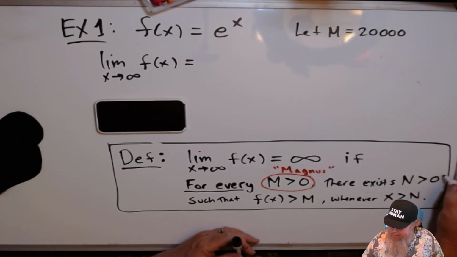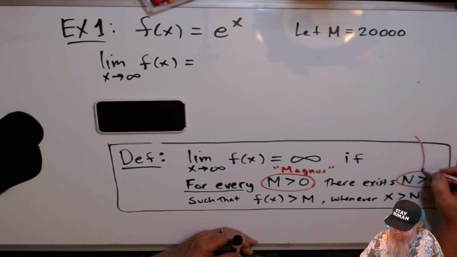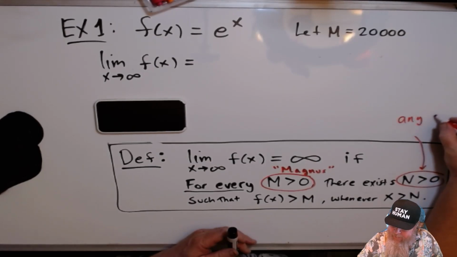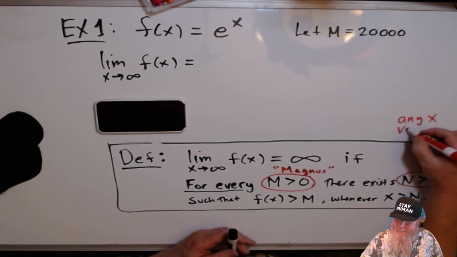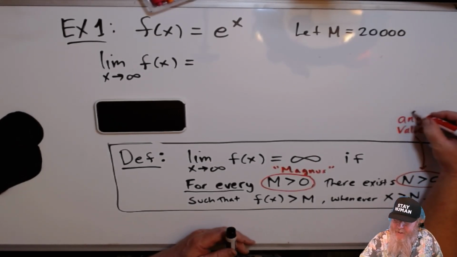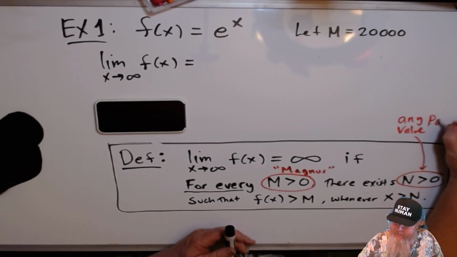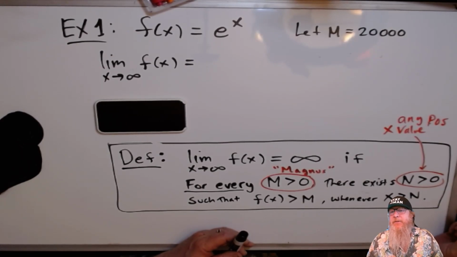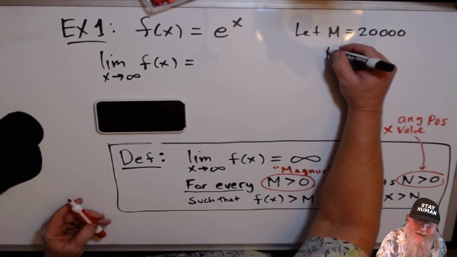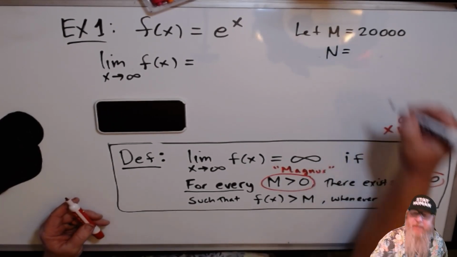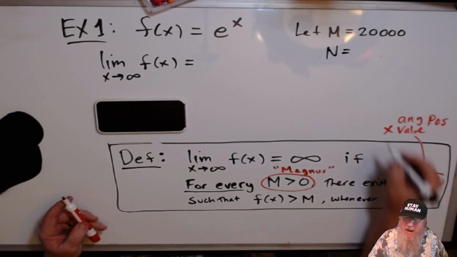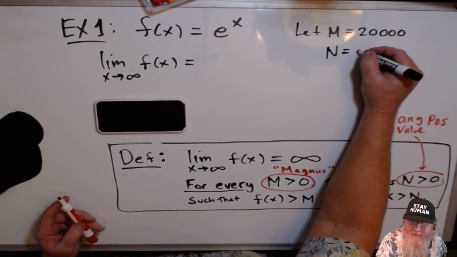And then N, just think of any number. It should be a positive x value. So just think of N as an x value. N is, I'm going to go with 10.